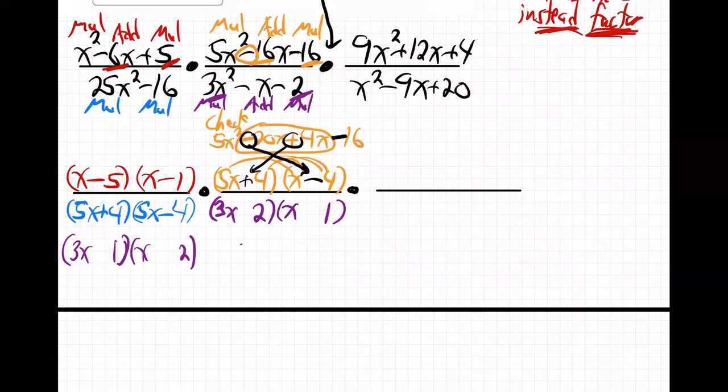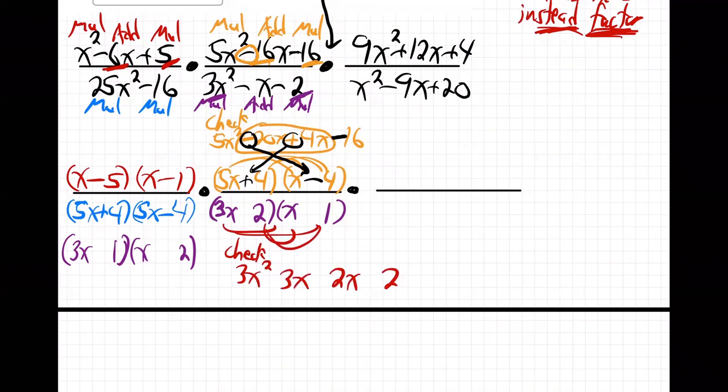I'm going to check this one. So boom, boom. It'd be 3x squared, 3x, boom, boom, 2x and 2. The middle two have to somehow make the middle, what is it?